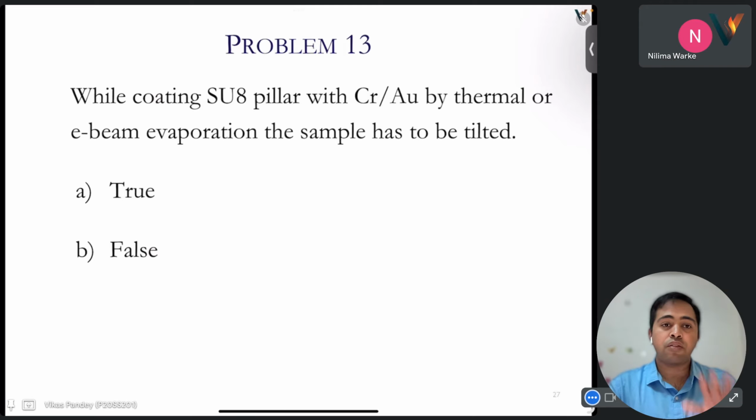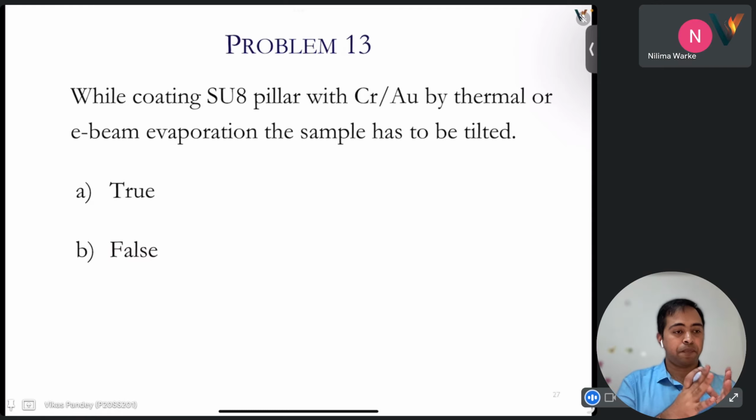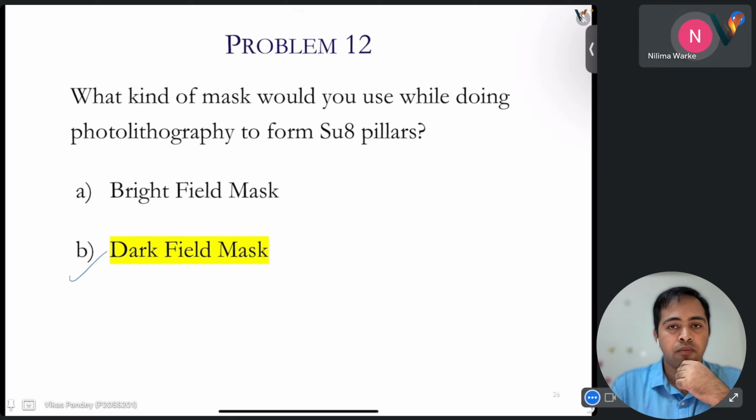For the same structure, if we were going with some positive photoresist, we would go for a bright field mask. But if the pattern is different, where the maximum area has to remain and only a smaller area has to be removed, the same thing for positive, we can go for the dark mask also. Then, sir, in this case, what about the previous question? How will the dark field mask be appropriate?